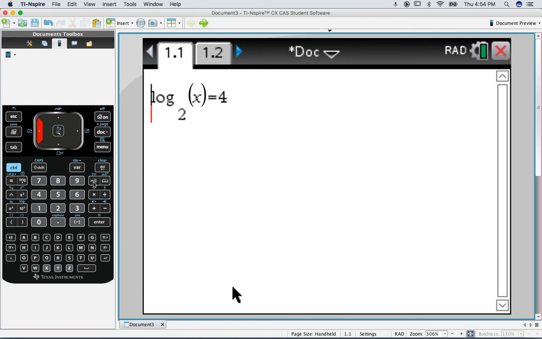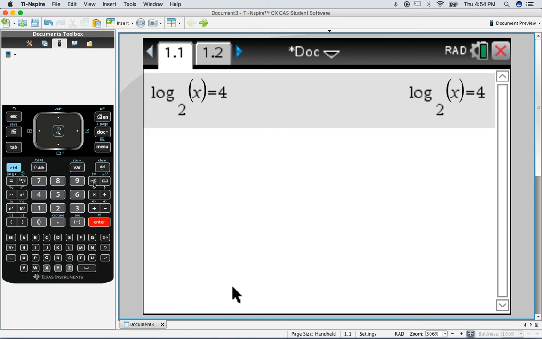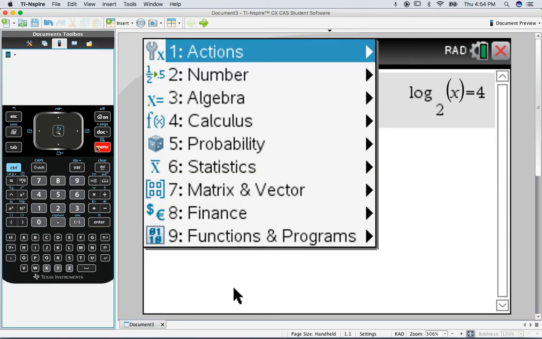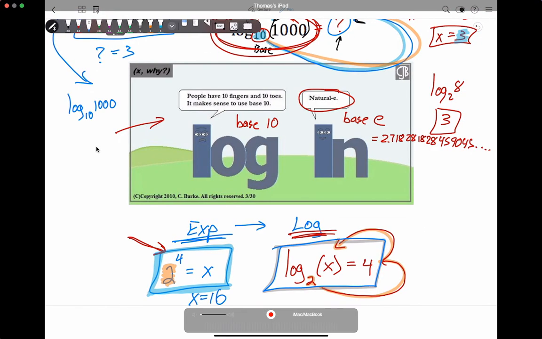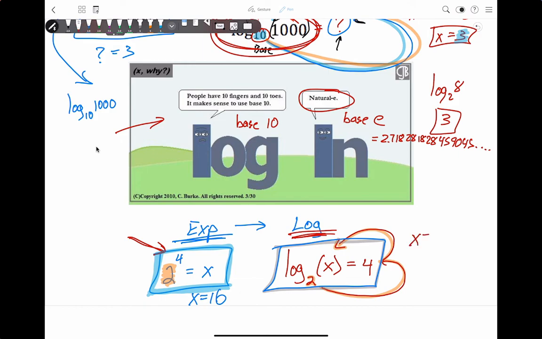Now, I wanted the calculator to solve this, okay? So I should have started with menu, 3 for algebra, 1 for solve, and then I can go up here and just press enter to copy it, and then put comma x. Tell the calculator to look for this variable. You need that comma, and then you get 16, okay? So that came from this form right here, where you know that the argument x was equal to 16, okay?